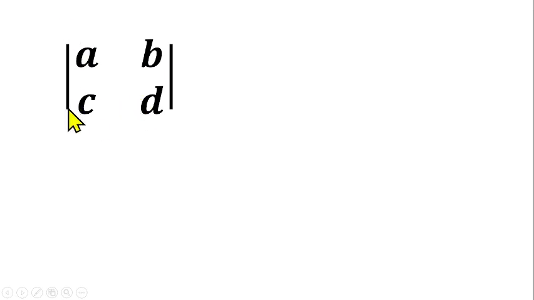You can see that I have these 2 straight lines enclosing this matrix. So how do we do it? This 2 by 2 matrix has 2 diagonals. This is the leading diagonal and this is the second diagonal. So what do we do?